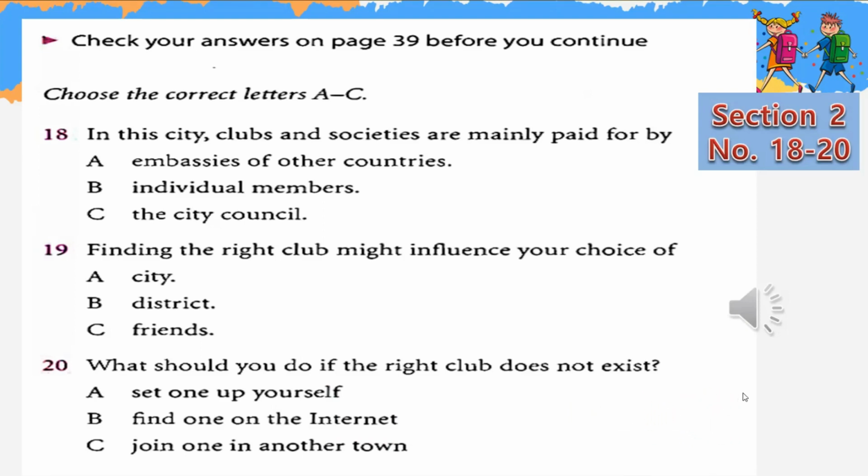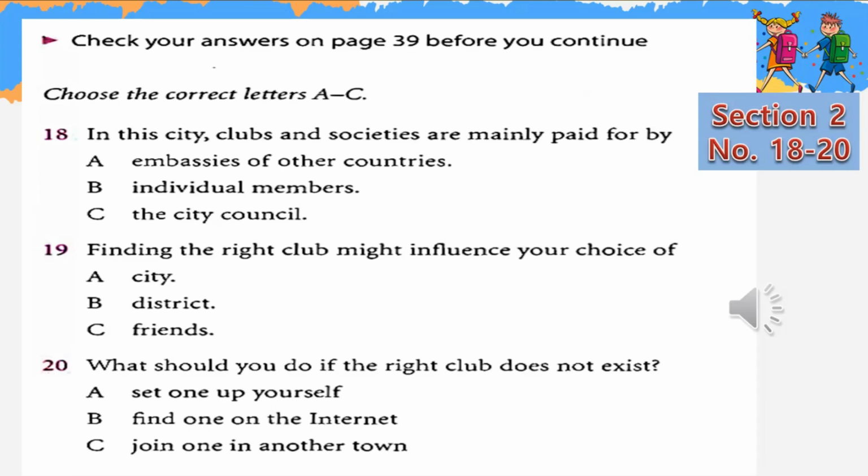Test 1. Listening. Section 2. Now answer questions 18 to 20. I should mention at this point that clearly some districts have a higher concentration of English-speaking clubs than others, and that certain parts of town tend to specialise in particular activities. An obvious example would be the number of water sports clubs down near the river. Whatever the number though, they usually have one thing in common. With the exception of a few associations linked to particular countries and supported by their embassies here, in the vast majority of cases, it is the individual members who fund them, so an entry fee or a subscription will be charged.